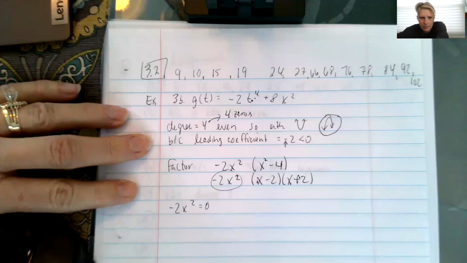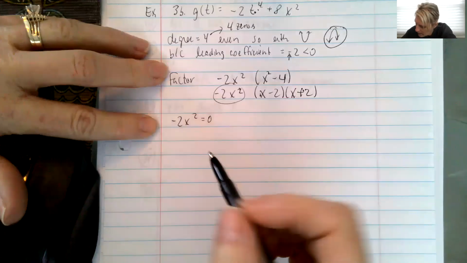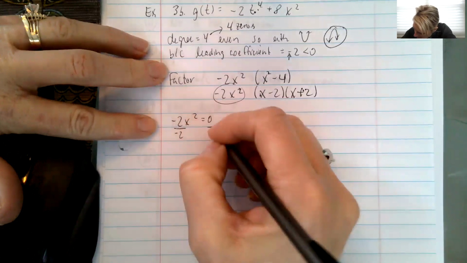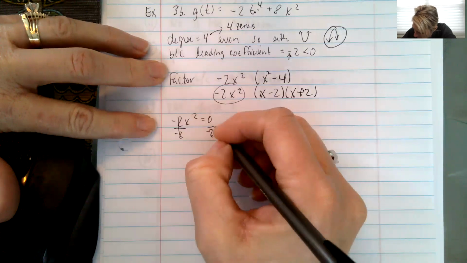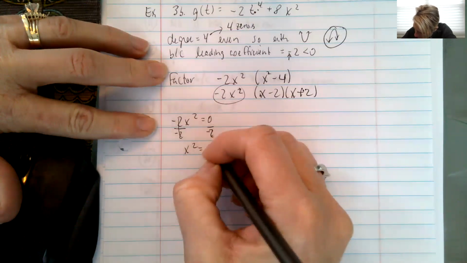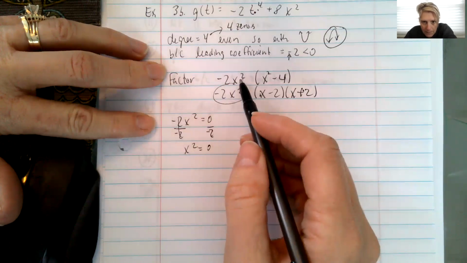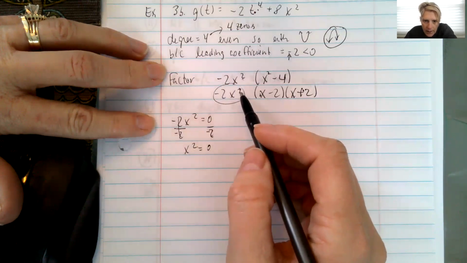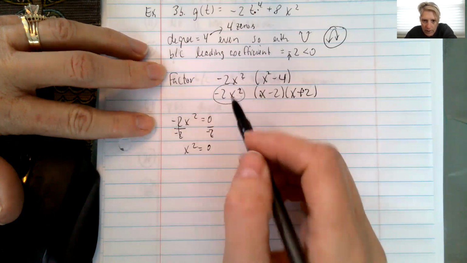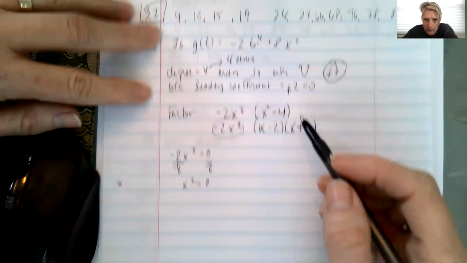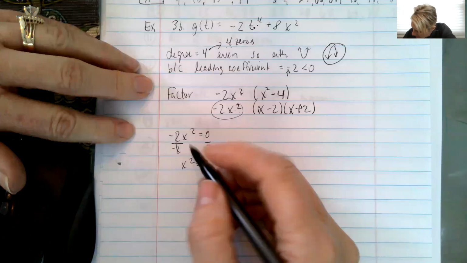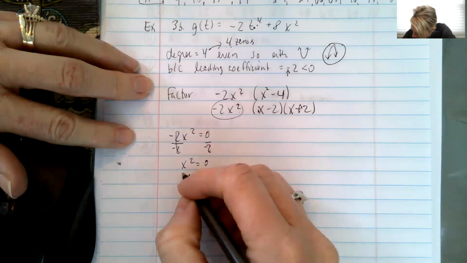And the x squared, that 2 on the x: negative 2x squared equals 0. If we divide by a negative 2, x squared equals 0. Because this is an even multiplicity, is what we're going to call that, this 0 counts as 2 of the 4 zeros. So x equals 0.